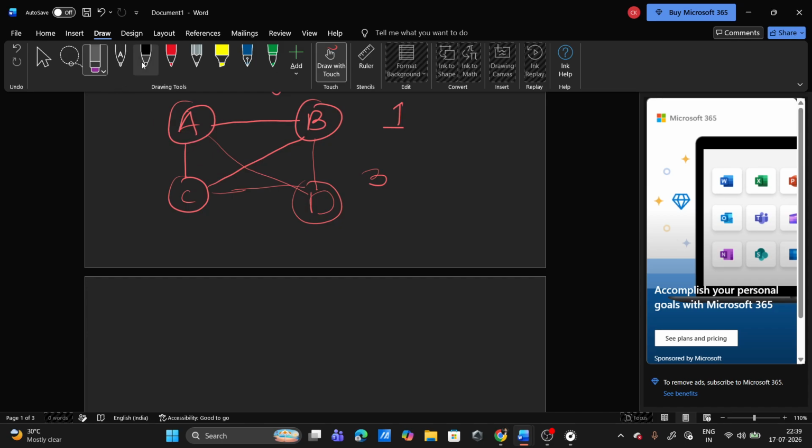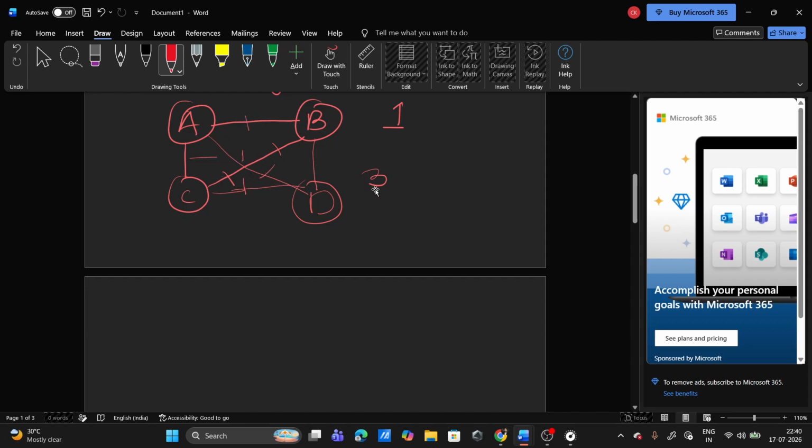So now how many edges do we have? One, two, three, four, five, six.